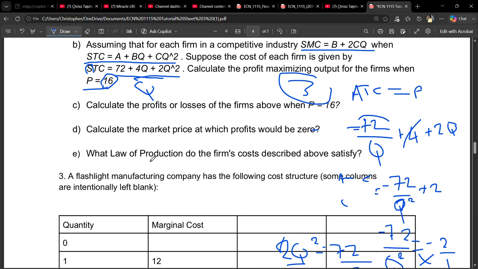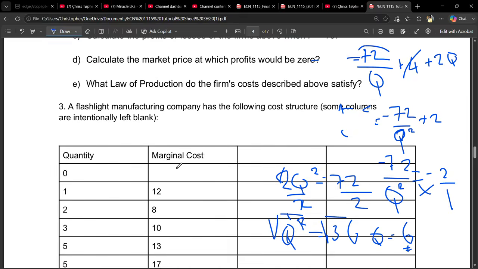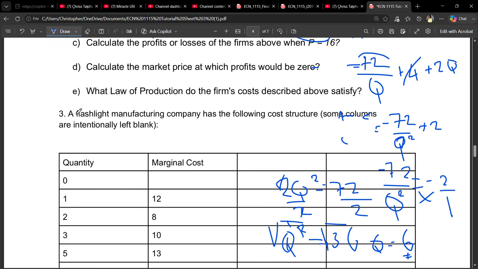Okay, why is that? It's because it is in the short run, because of fixed costs and variable costs, and in the short run, that's why we find diminishing marginal returns as the law of production. Okay, E was just answering that.